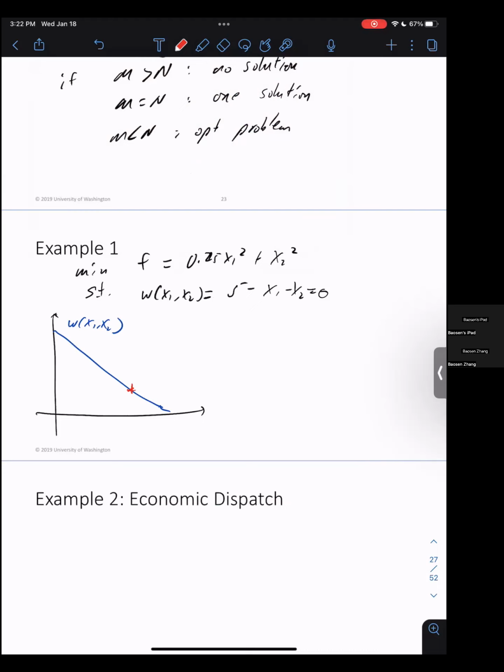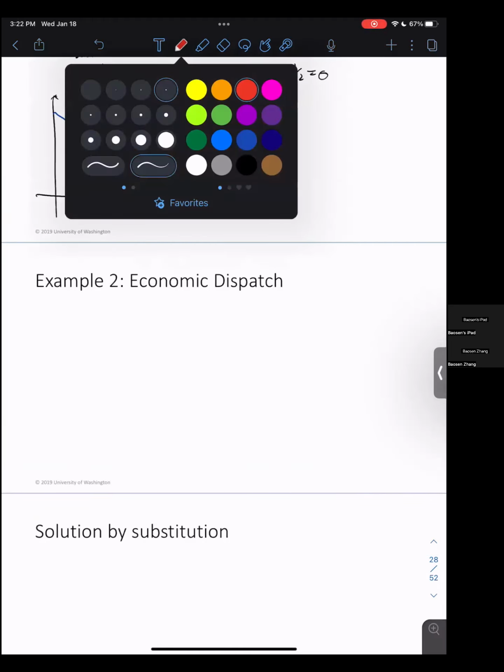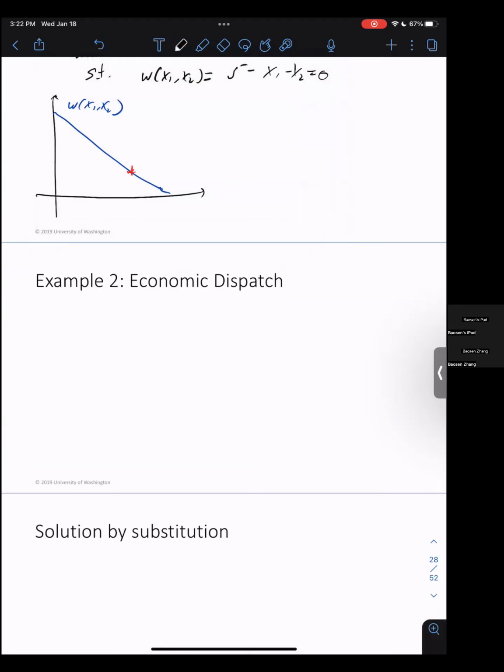This is the geometry of the picture, and this is what almost always happens for us in power systems. We have a load and generators G1, G2, each with cost A1 plus B1 x, and you're minimizing the cost of the first plus the cost of the second, subject to x1 plus x2 equals L.